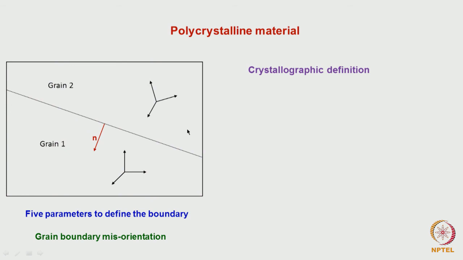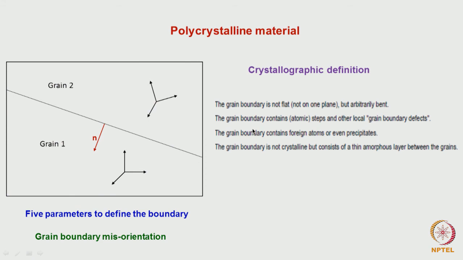But then comes what is the structure of the boundary, what is the energy of the boundary, all these things. Here we assume that this boundary is a flat boundary, perfectly a two-dimensional surface. But that need not be the case. Quite often the boundary could be curved. Another is that the boundary can have some steps on it. There could be a lot of defects present on the boundary.